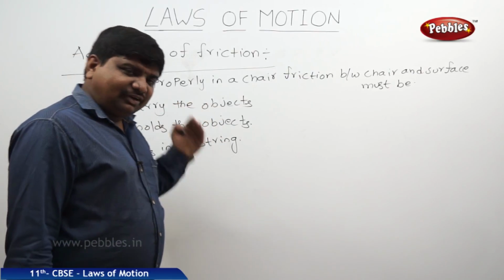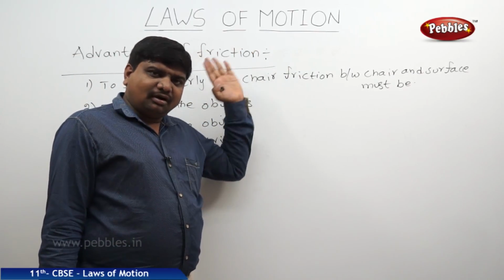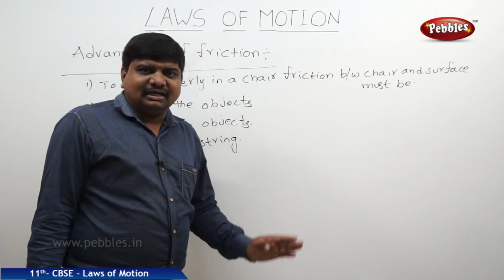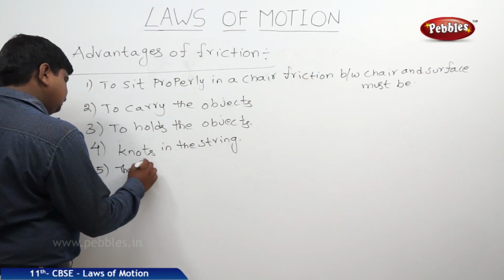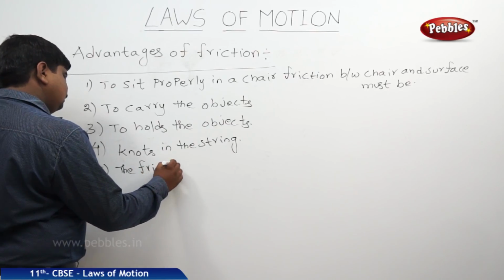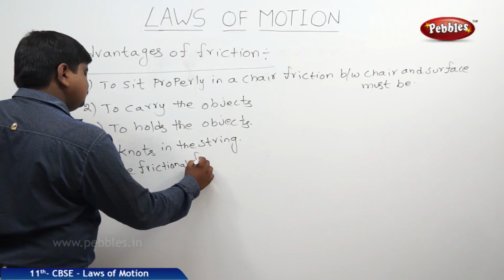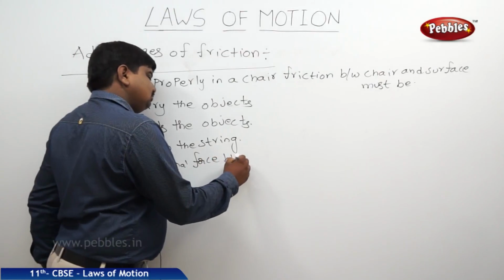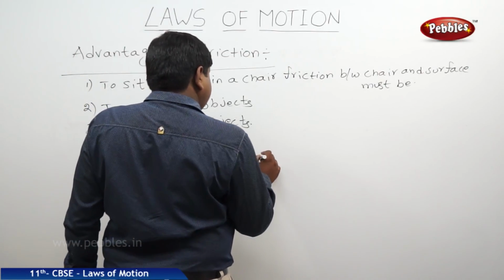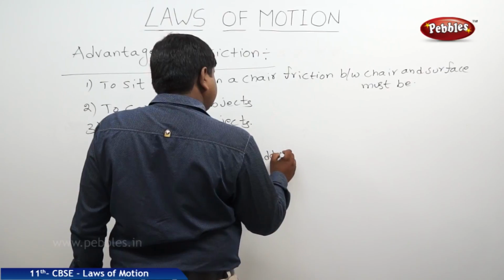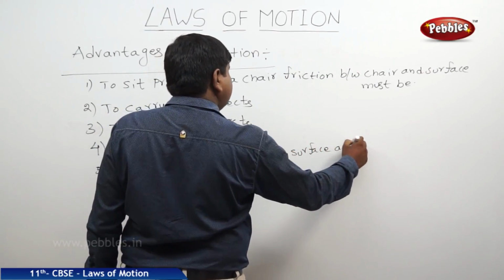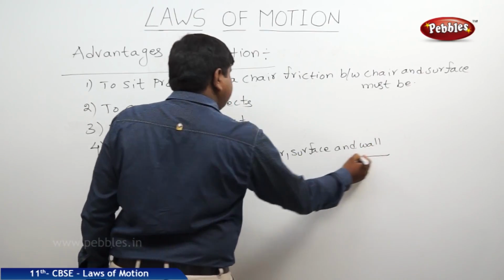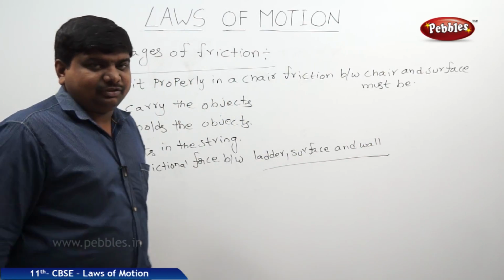So the frictional force between the surface, the wall and the ladder is one of the advantages. The frictional force between ladder, surface and wall can keep these three in a safe, stable position.